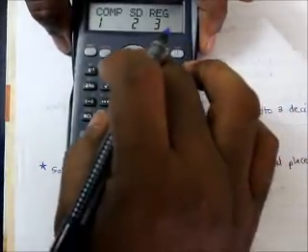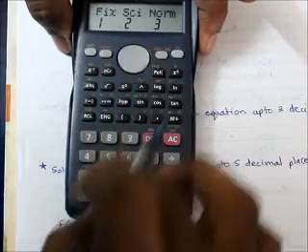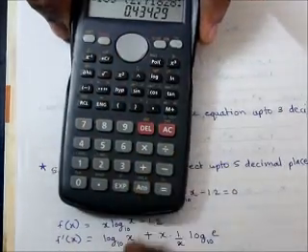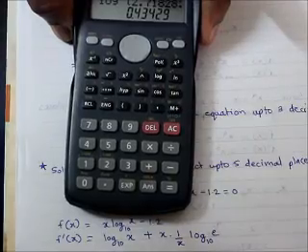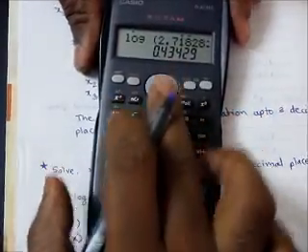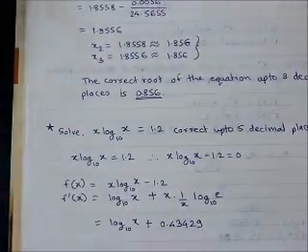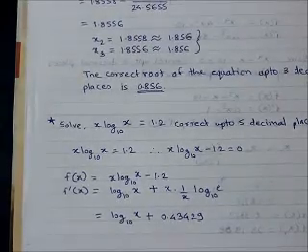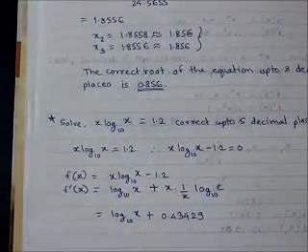Let me just do one thing, 0.43429. We want up to 5 digits, which is why I took that one. Okay, log to the base 10x plus 0.43429.